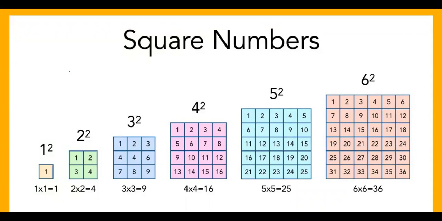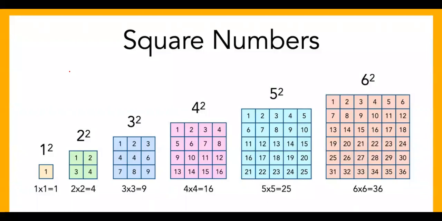A square number is a number that you get after taking a certain number and raising it to the power 2. Or it's a number that you get after taking a certain number and multiplying it by itself.